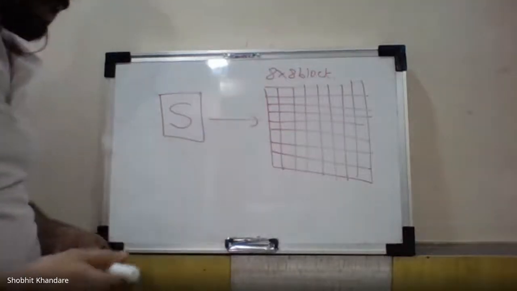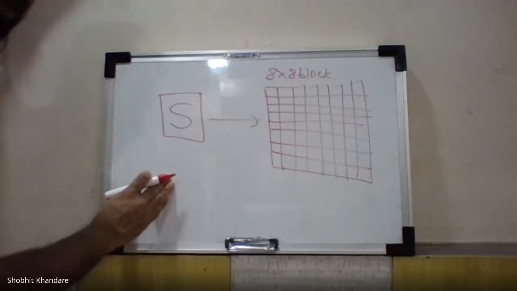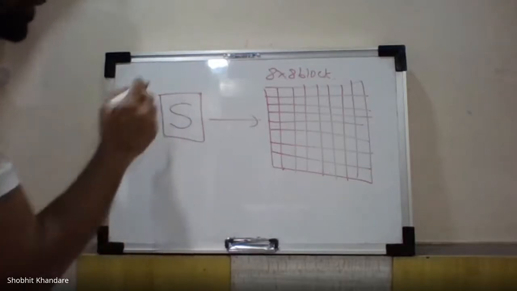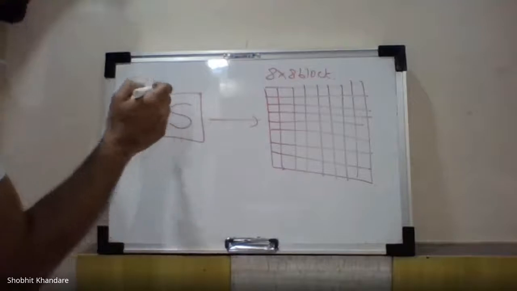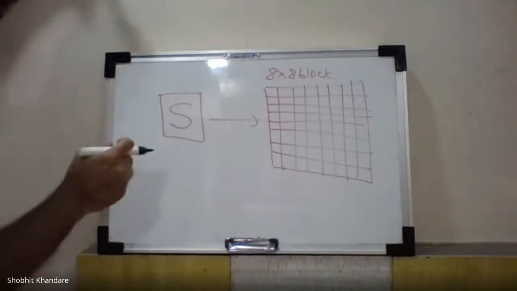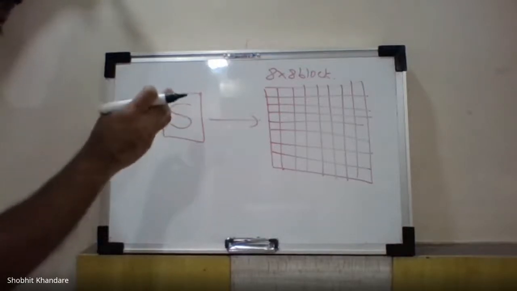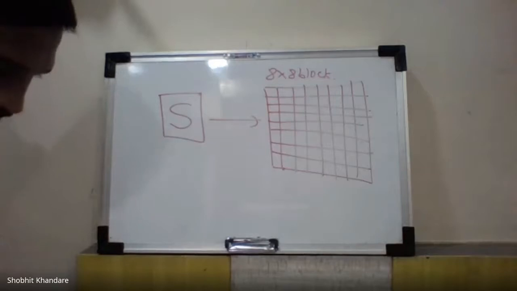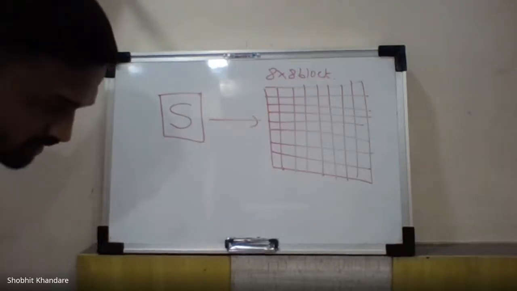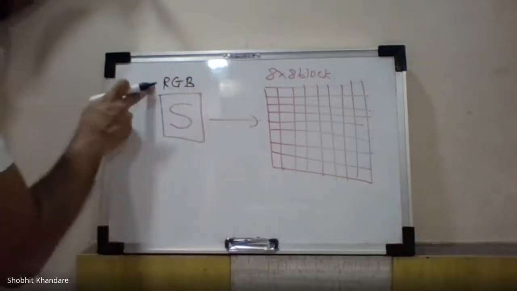The second thing: sometimes this image may be a color image. When you talk about a color image, that means this image consists of typically three colors, that is R, G, and B, red, green, and blue.